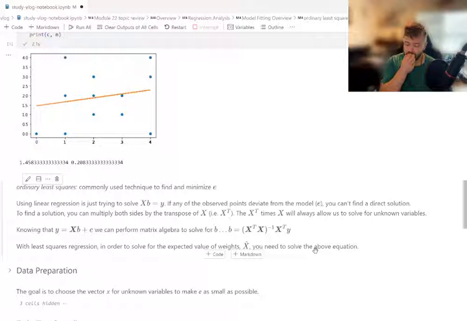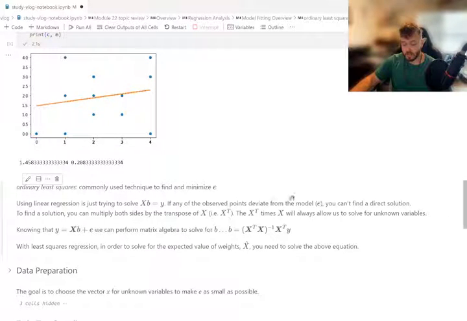We're assuming that we already know the values of X, which is a matrix, and y, which is a scalar value, I believe, or it might be a vector. You can imagine that can be solved with some algebra relatively easily.